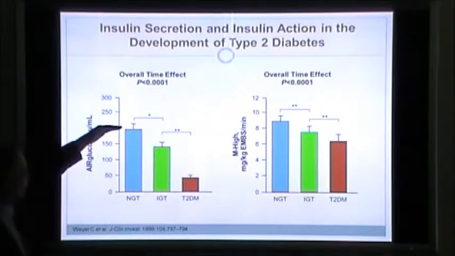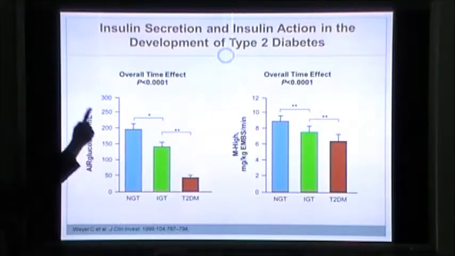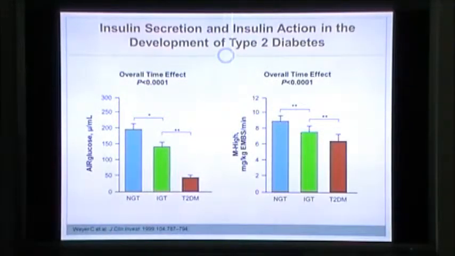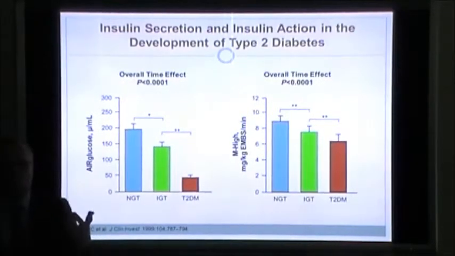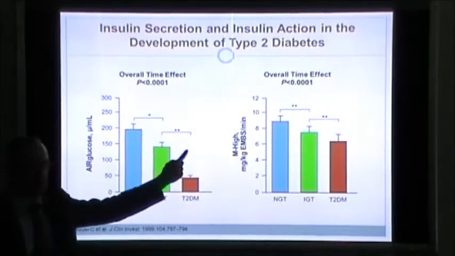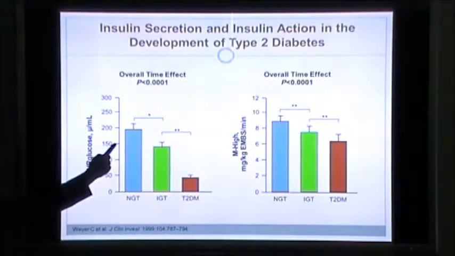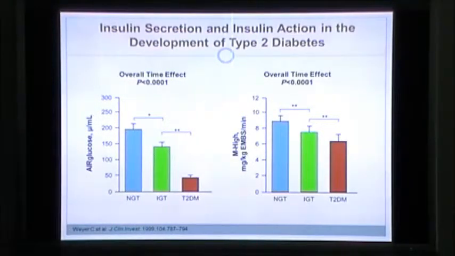But you also have a very substantial decrease in beta cell function, the insulin secretion. So yes, worsening resistance plays a role here, but if you maintain your secretion sufficient to compensate, you don't develop diabetes. You develop diabetes when your beta cell is failing.